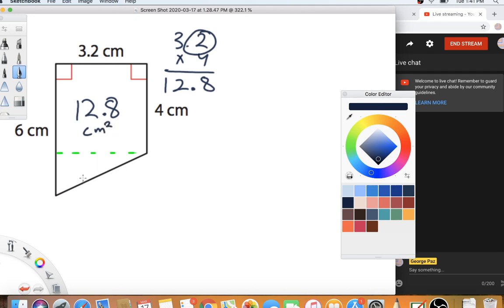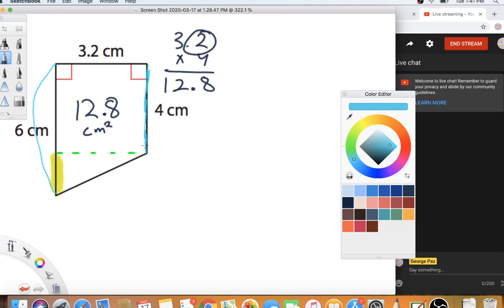Now the area for this triangle, that part's kind of tricky. We need to figure out what is this side. Let me get another color. How much is this side worth? So we know that this whole thing is 6, from here to here it's 6. So we're going to take off this 4 part.